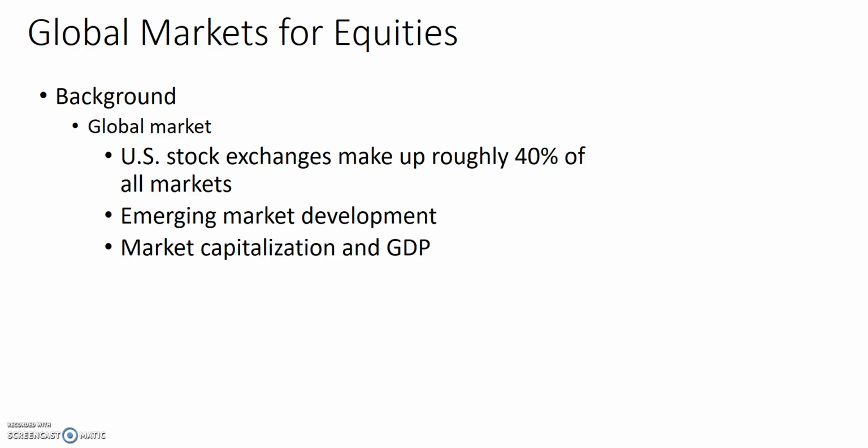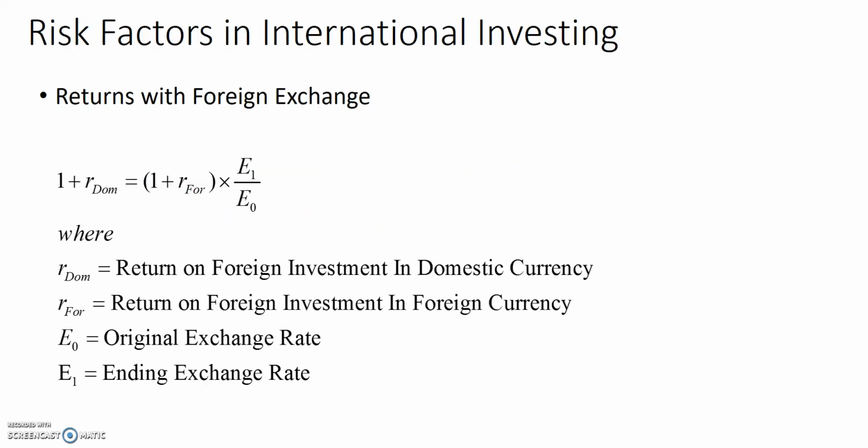As markets continue to emerge and evolve, this number of 40% will gradually decrease, which means there is an increased importance to take into account the global market. This is also due in part to market capitalization, as well as keeping in mind the gross domestic product, not only of our own country, but also of other countries as well.